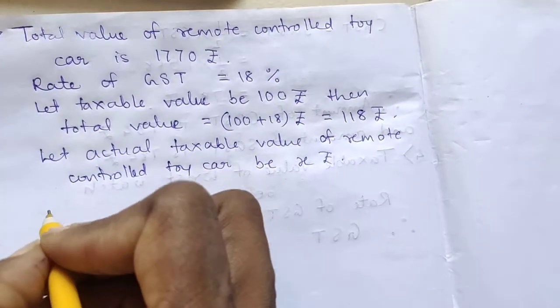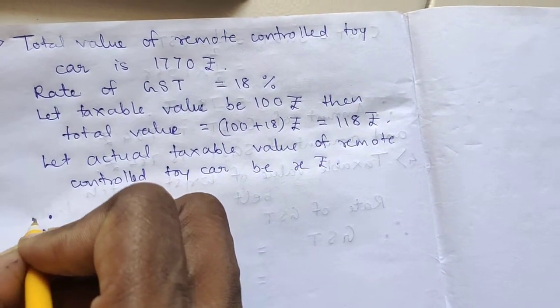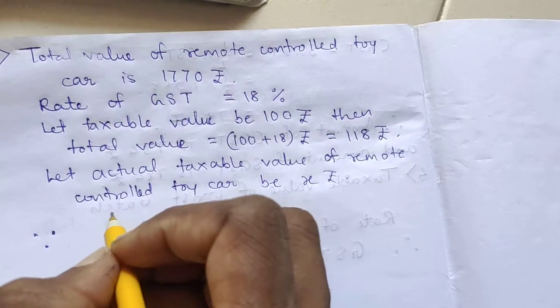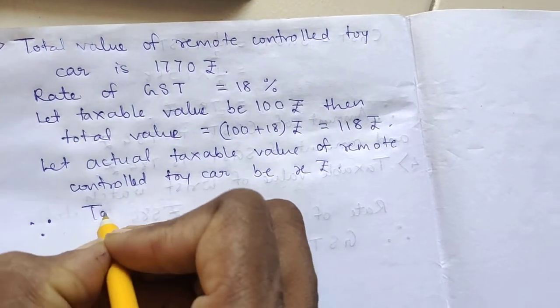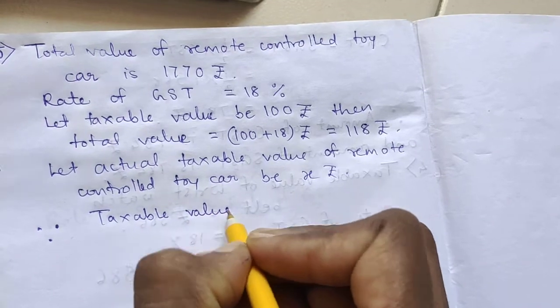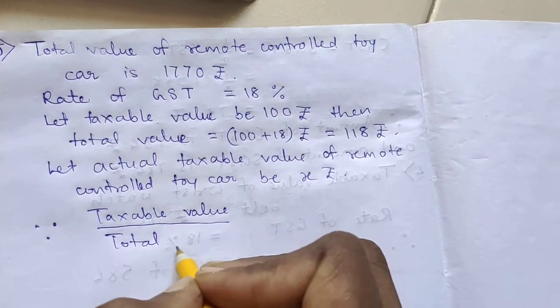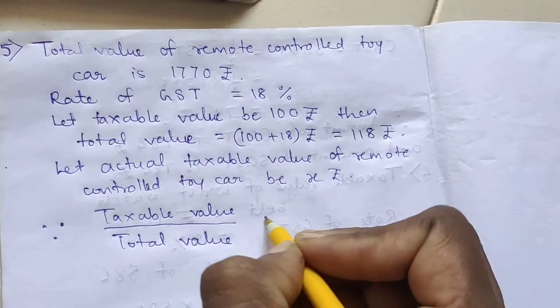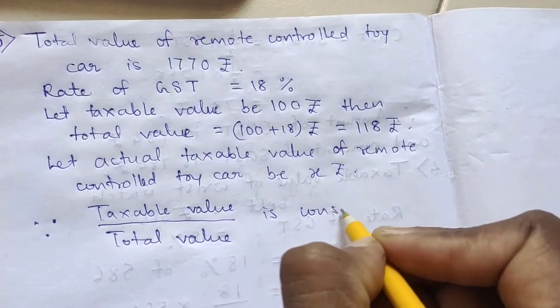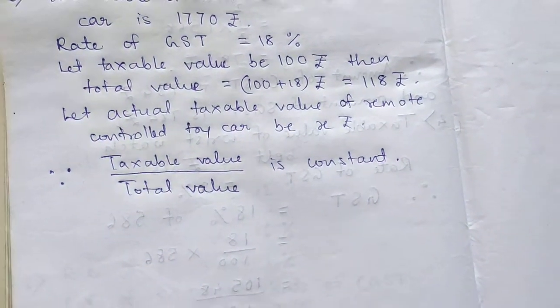So let us write this ratio. Since taxable value upon total value, this ratio is constant, means you are going to keep this ratio as it is.